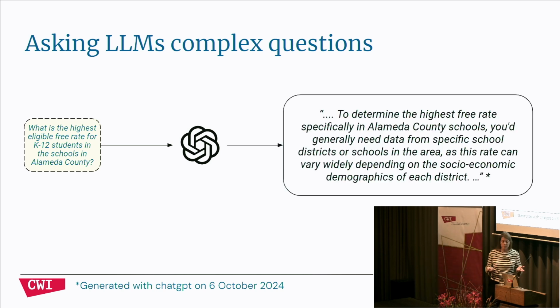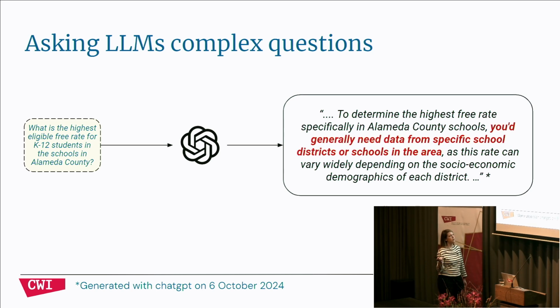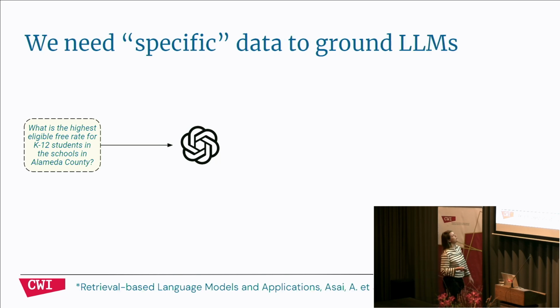So that's great, but it still has this very long response that it generated. I just want to highlight one specific thing in this response, and that is you generally need data from specific districts or schools in the area. Yes, that's no surprise. So I think this is where retrieval augmented generation comes in, to retrieve the relevant data for this question.